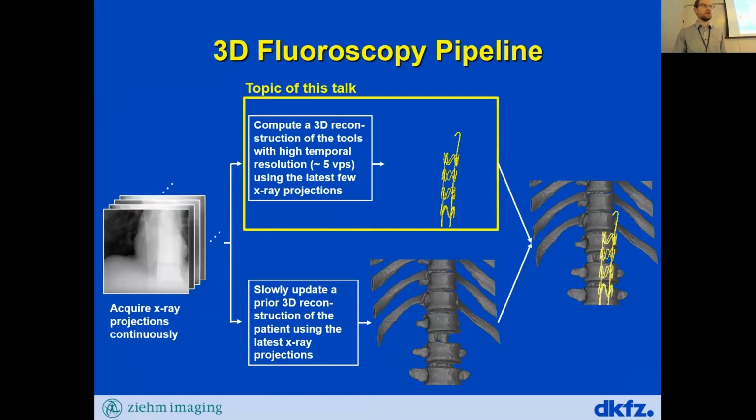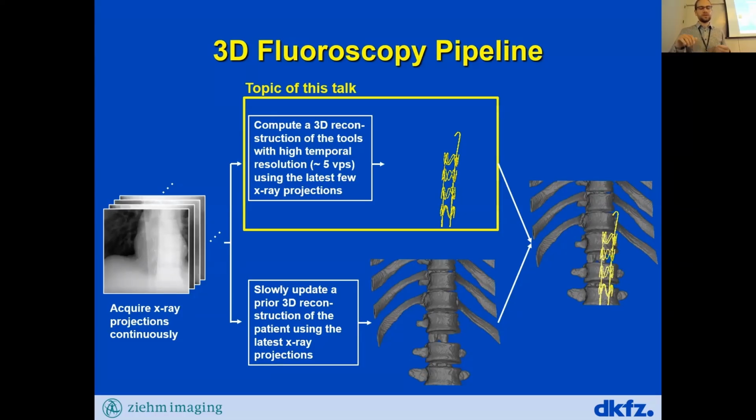On this slide, I want to give an overview over how we imagine a 3D fluoroscopy pipeline could work. So on the left, we see a sequence of X-ray images is acquired continuously, and then the interventional tools and the patient anatomy are reconstructed separately at different temporal rates.